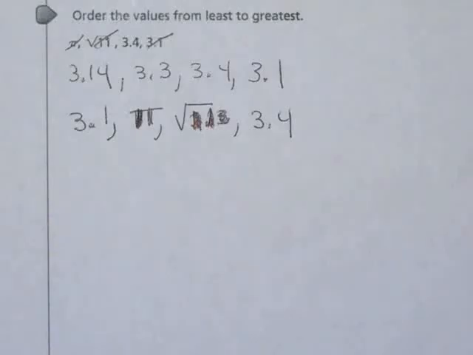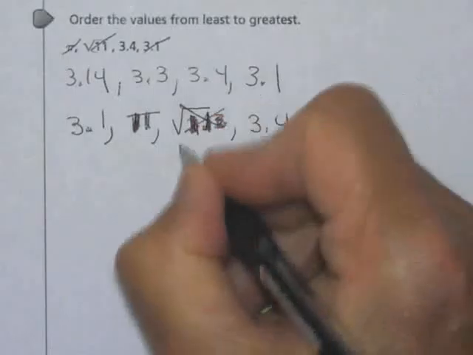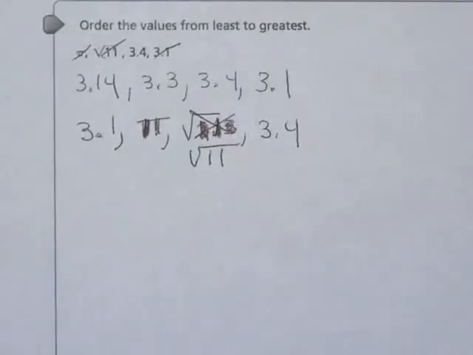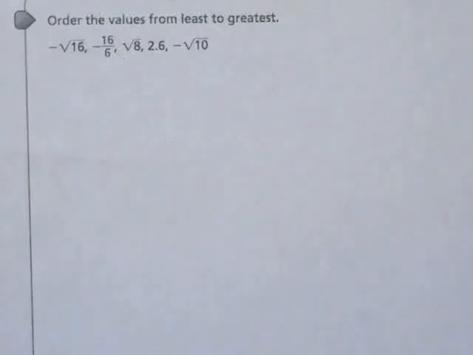All right, let's take a look at one more example. In this last example, I'm going to start by converting all of these into decimals if they're not already in decimal form. So let's start with the opposite of the square root of 16.